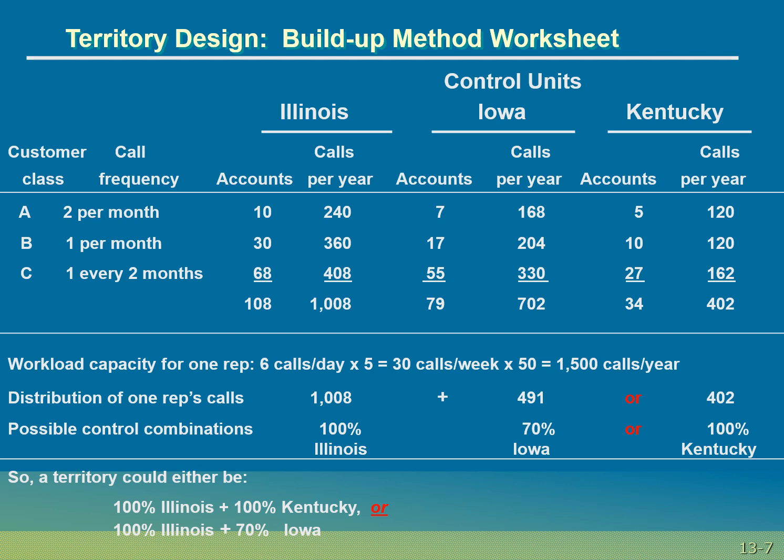So the territory for this sales rep could be either 100% Illinois plus 100% Kentucky. That's one way. Or it could be 100% Illinois plus 70% Iowa, okay? Just 2 ways for you to design and assign the territories, okay? This is the build-up method for territory design, okay?